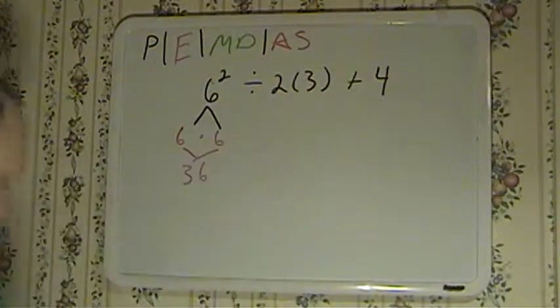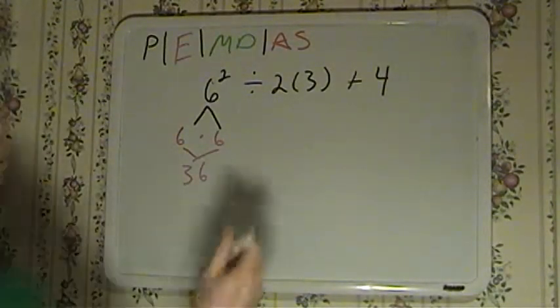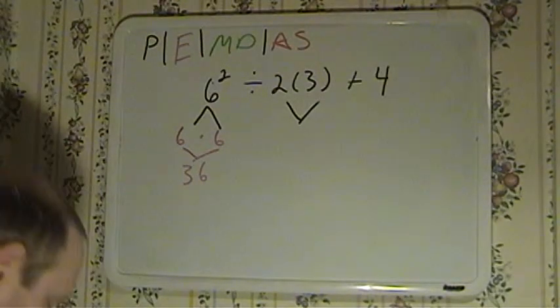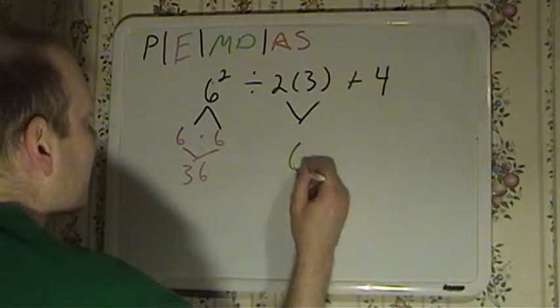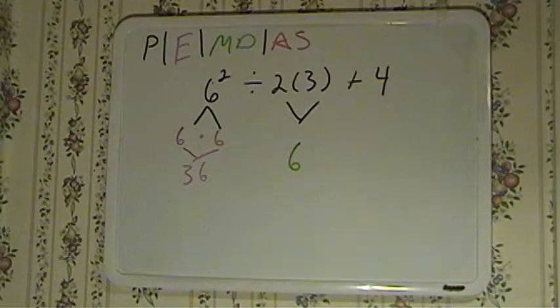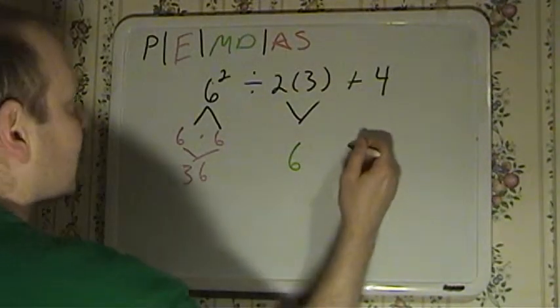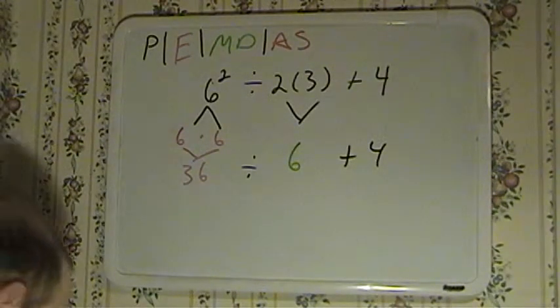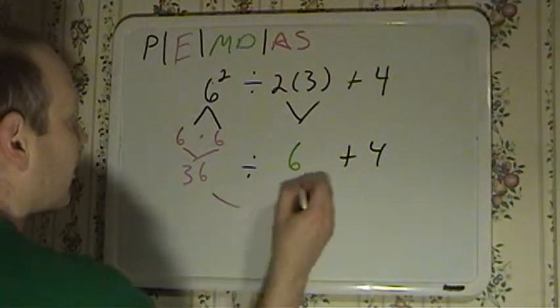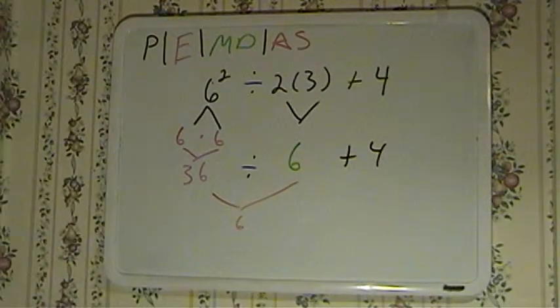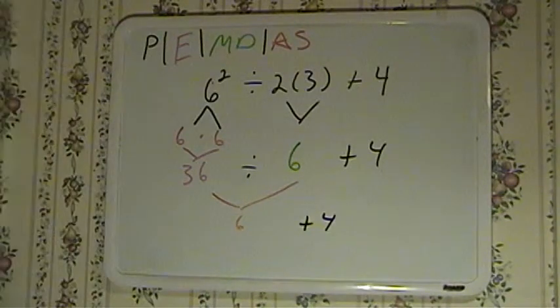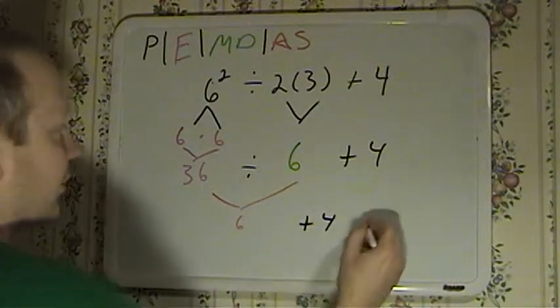So you do your 2 times 3, which leads you down to a 6. Then you come to your addition and subtraction, you've got plus 4. So you have 36 divided by 6, which is 6, add 4 to that, and you get 10.